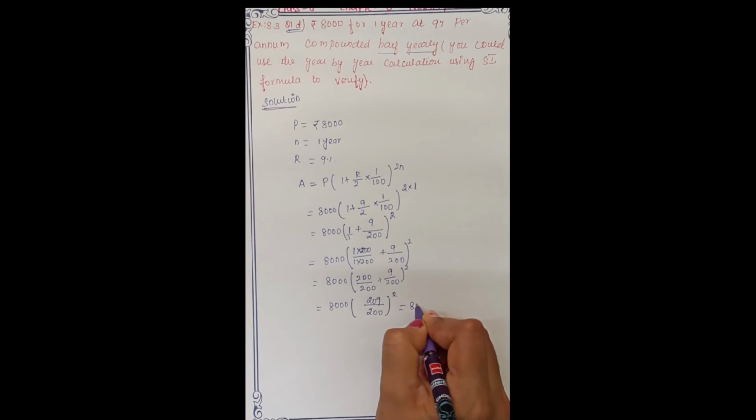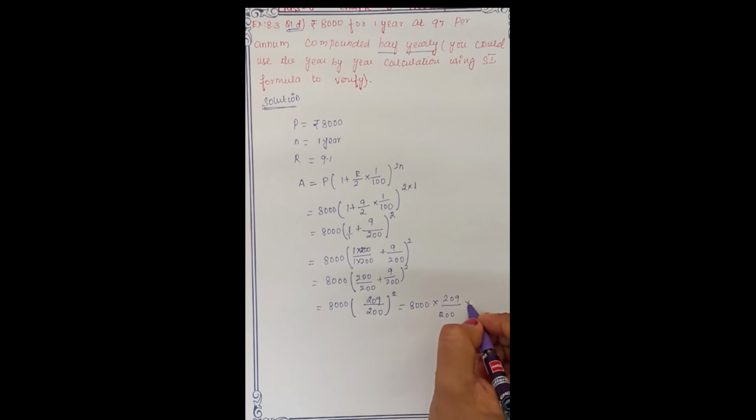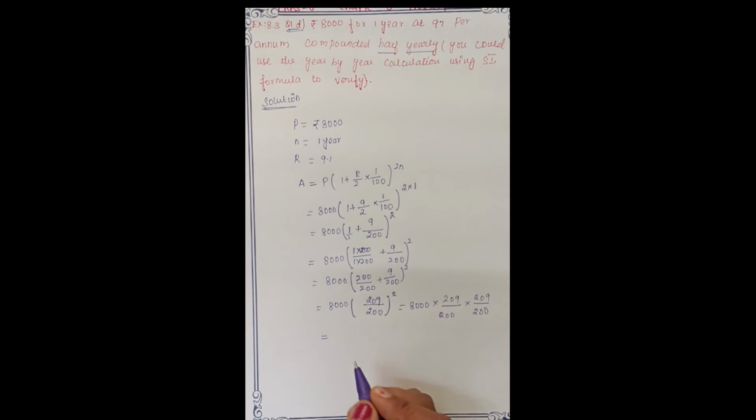You can write 8,000 into 209 divided by 200 into 209 by 200. Now cancel these 2 zeros and this 2 zeros and this 1 zero and this 1 zero.